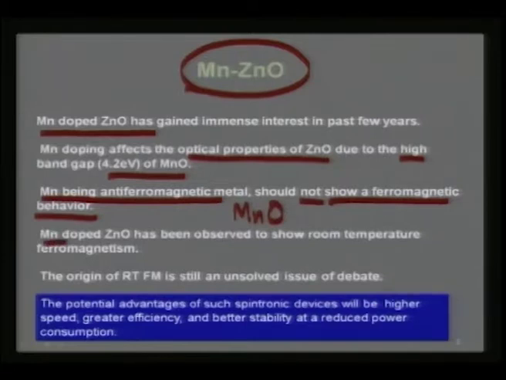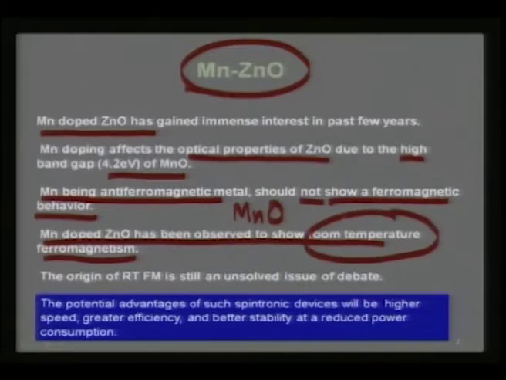But what is peculiar of this manganese doped zinc oxide is that you observe this at room temperature. Any compound which gives a trace of impurities is supposed to show a Tc below room temperature, but manganese doped zinc oxide shows it above room temperature, which makes it much more interesting to know where this comes from.